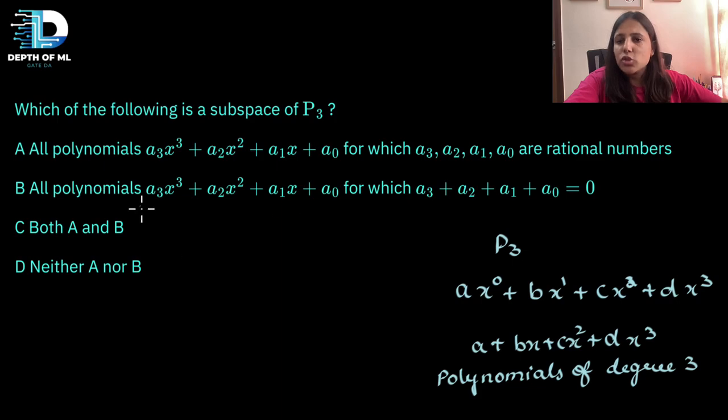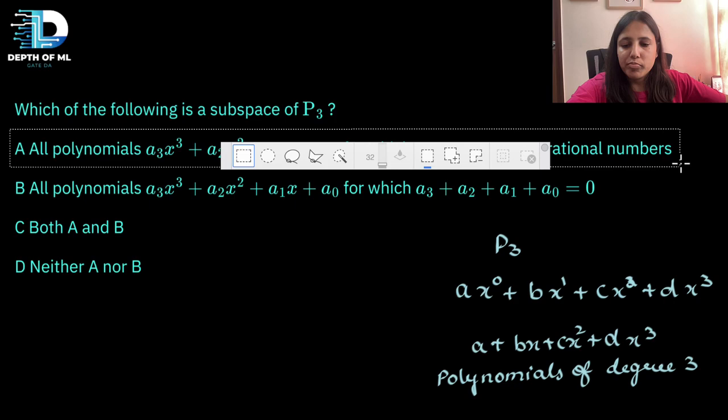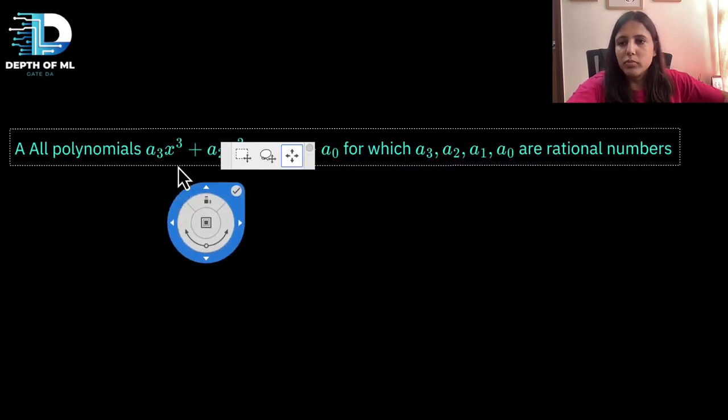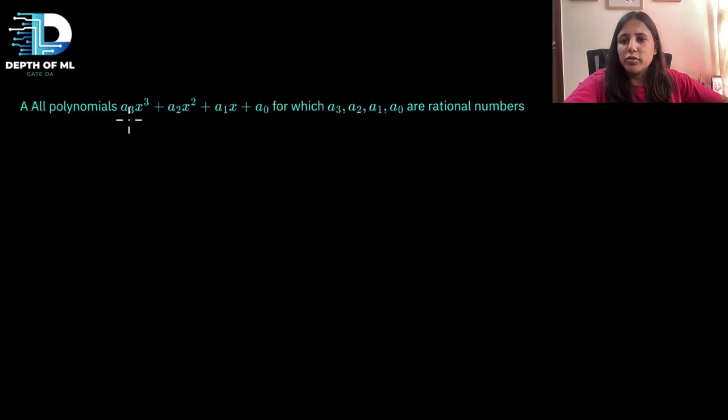Now it's asking us which of the options is correct. So here we have to check these options. Let me take this first example. It says all the polynomials of the form a3x³ plus a2x² plus a1x plus a0, where a3, a2, a1, a0 are rational numbers.